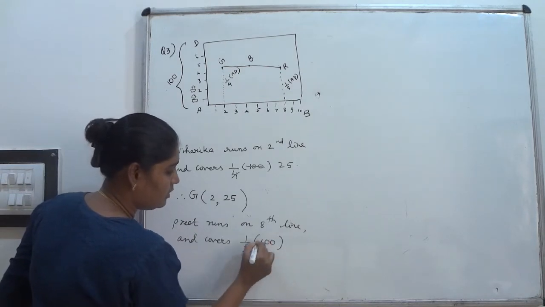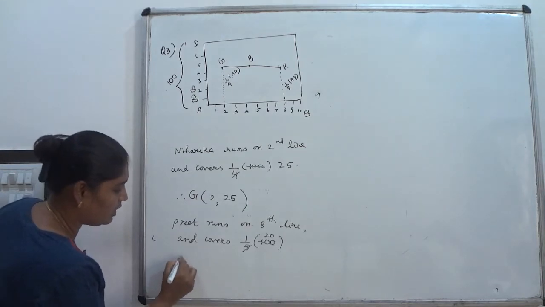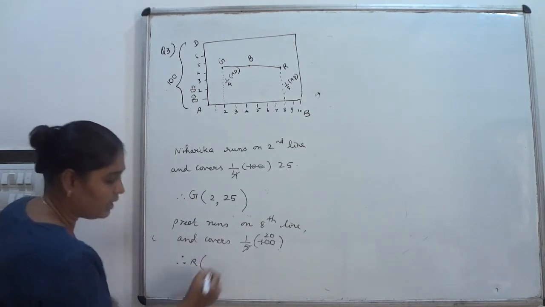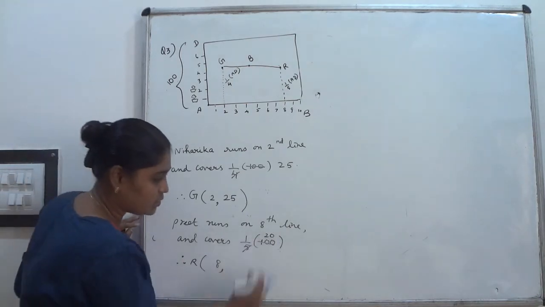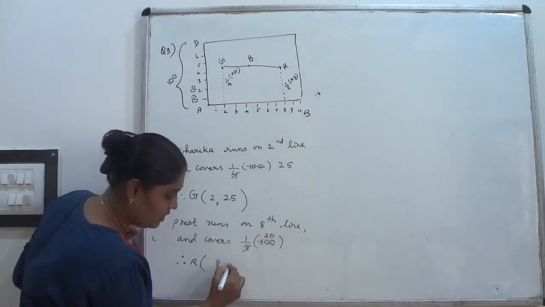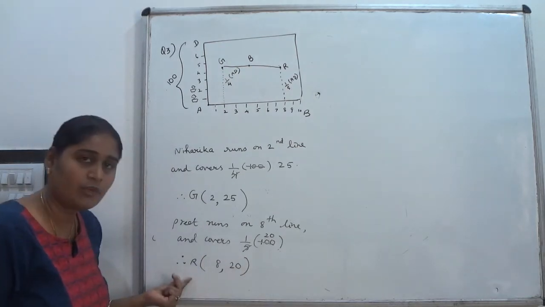So you will get 20. So we can get the coordinate point of R running on the 8th line, that's why 8 in the x-axis, and in the y-axis, what is the distance covered? 20 meters, so 20. So 8, 20 is the coordinate of R point.